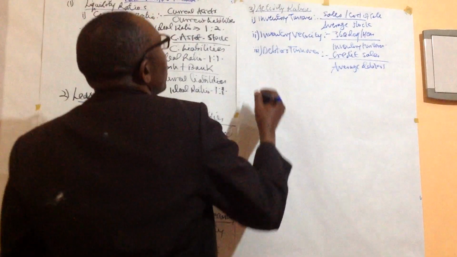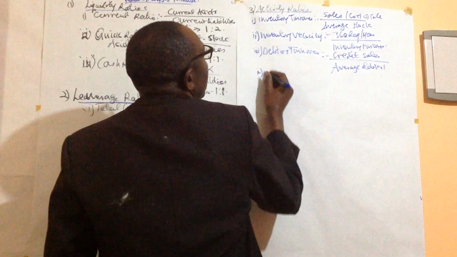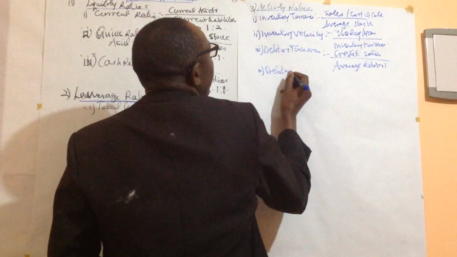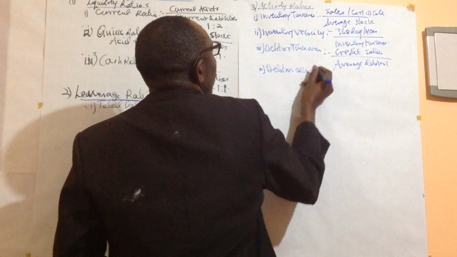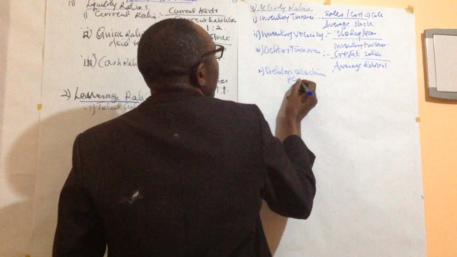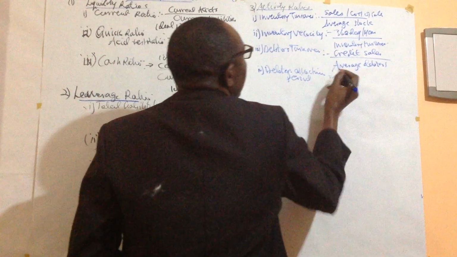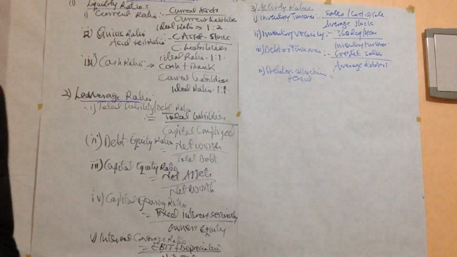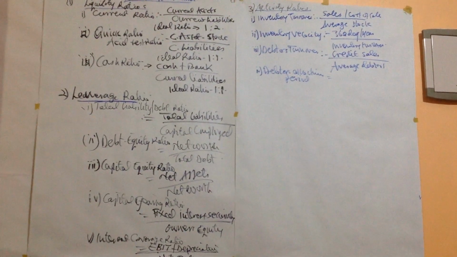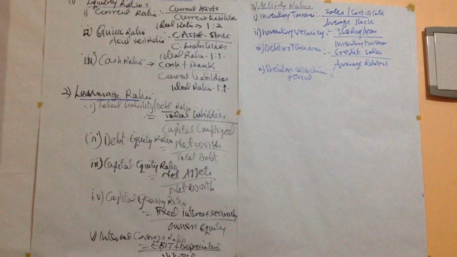Then you have the debt collection period. This should be number 4. The debtors collection period relates to the number of days in a year, so it's 360 days over the debtors turnover.